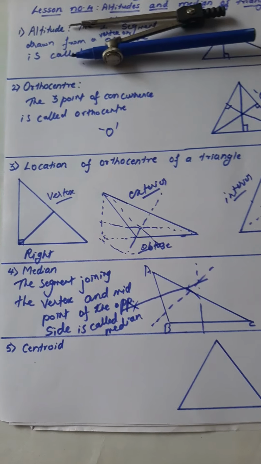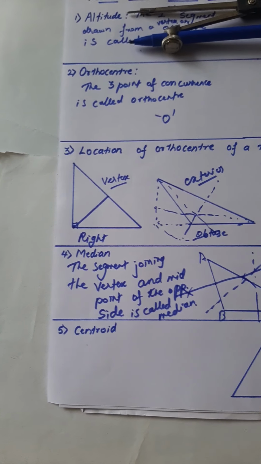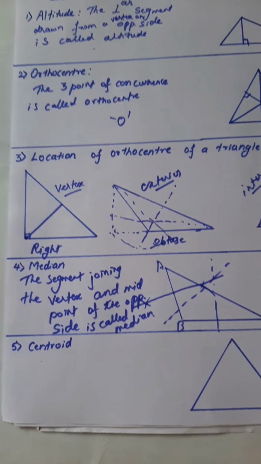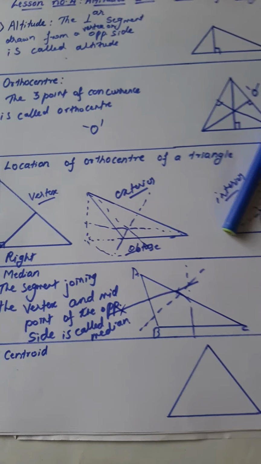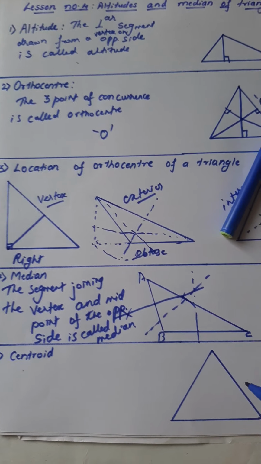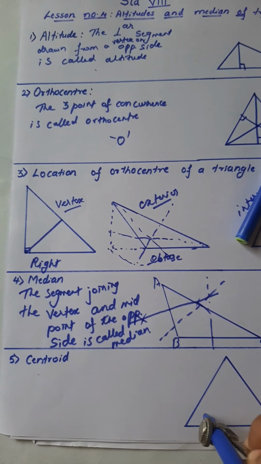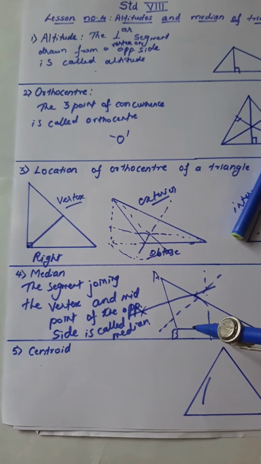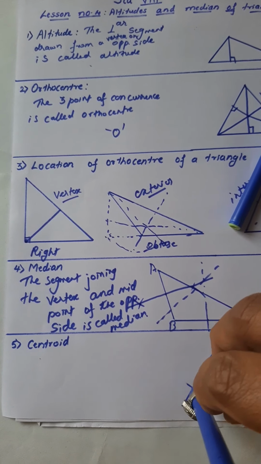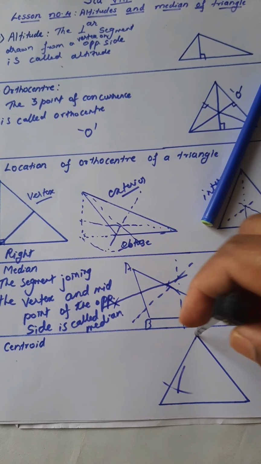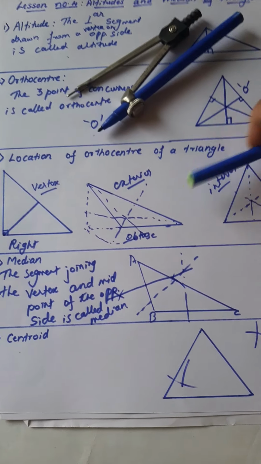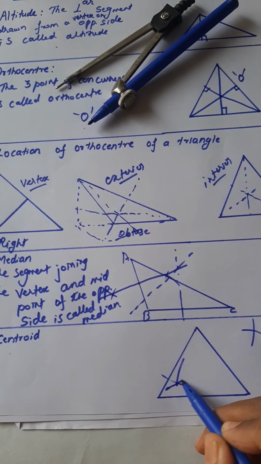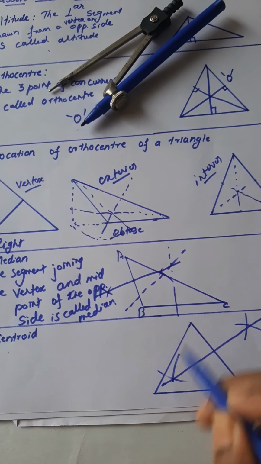Understand? Now next it is the centroid. What do you mean by the centroid? Now I will show you how to draw it. First of all, you will take one side, more than half, draw an arc on both sides. Then from the other side, cut this arc and then join the segment.